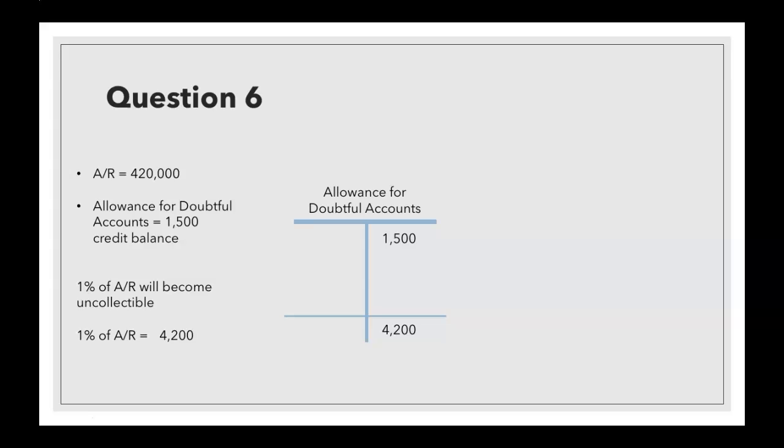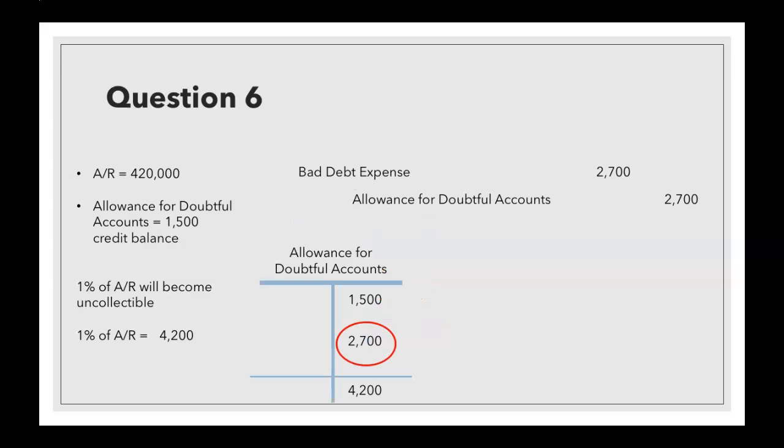This entry that we're going to be making here is to get us from $1,500 on the credit side to $4,200 on the credit side. What would that amount be, right? So when they're both on the same side like this, we can just subtract the two amounts. And when you take 4,200 minus 1,500, you'll get that 2,700. So that's what we're going to be recording in this entry.